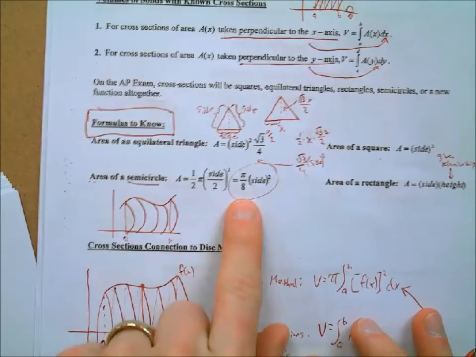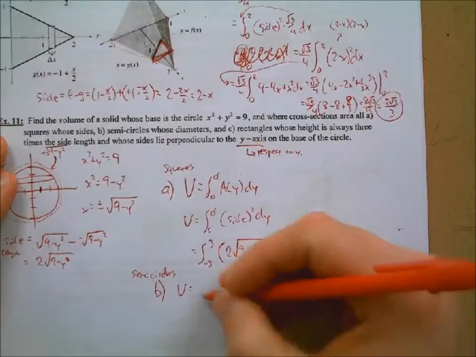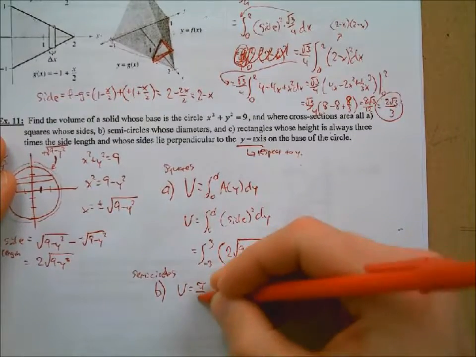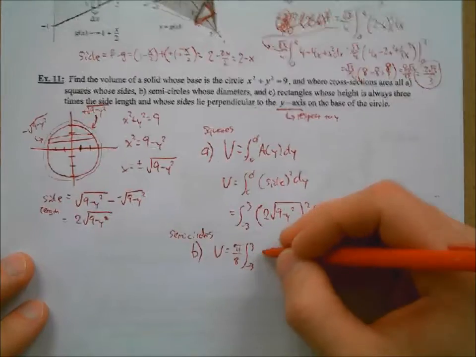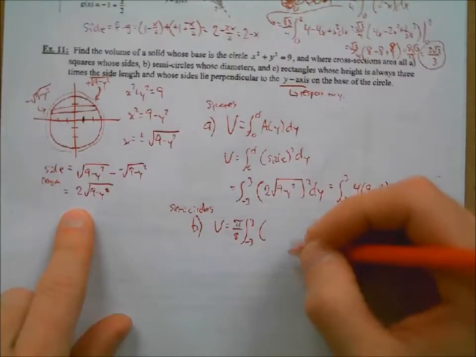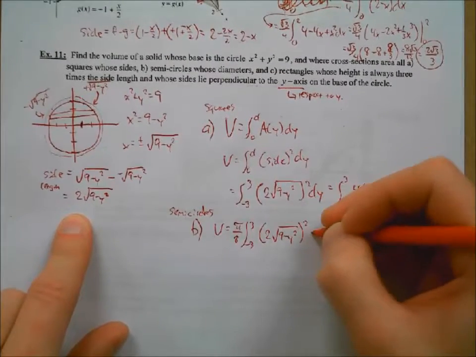Semicircle formula: pi over 8 side squared. So I'm going to pull that pi over 8 out front because it's a coefficient. And again, we're going to integrate from -3 to 3, and it's going to be side squared. What's our side? Well, it's again that 2 square root of 9 minus y squared dy.